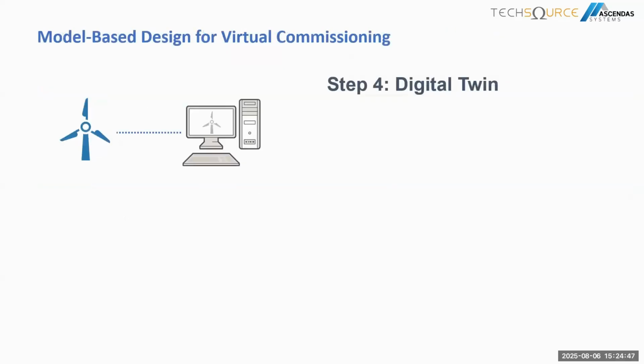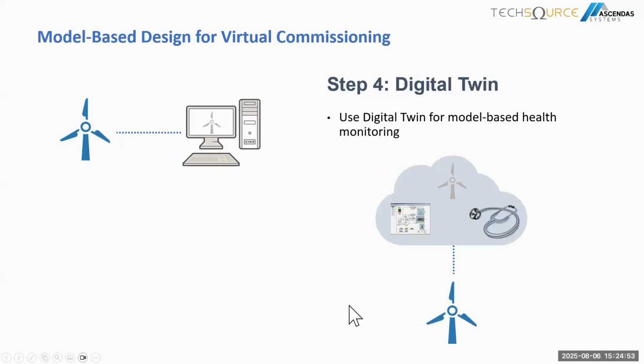Then finally, once you have completed your design, usually the next step would be to use your system for virtual commissioning, for example, where you use digital twin for model-based design, for example, health monitoring of your system.